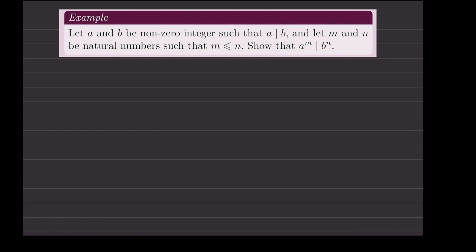Okay, I can prove this problem from scratch, meaning using the definition of divisibility once more. But my goal is that you train yourself to use the previous theorems rather than starting everything from scratch every time. Okay, so what do I mean by that? For example, if you tell me that a divides b and you tell me that m belongs to N, according to the theorem we just learned today, we can guarantee that a to power m divides b to power m.